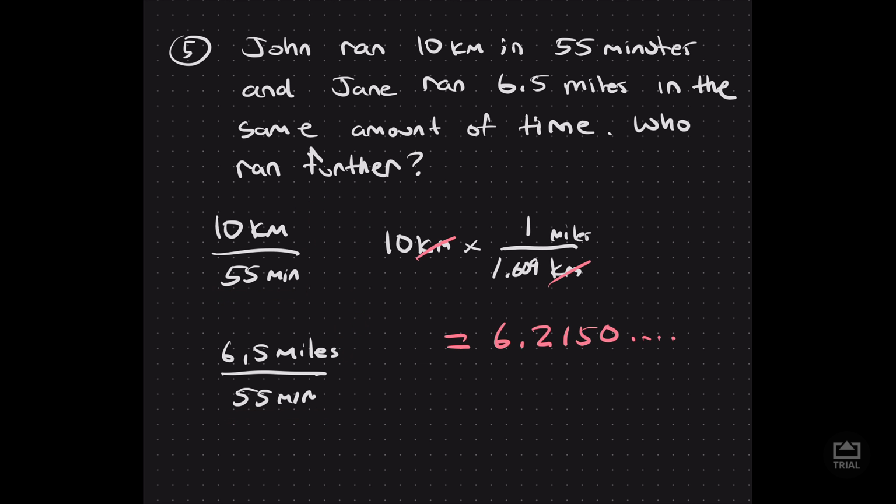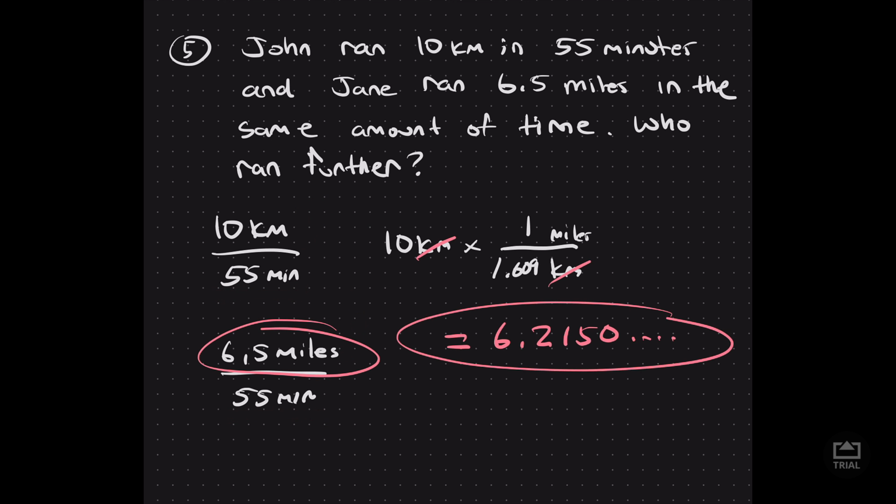So when I compare them, which one is greater, 6.5 or 6.2? Well, 6.5 is greater. So who ran further is what the question is asking, and you would say Jane ran further.